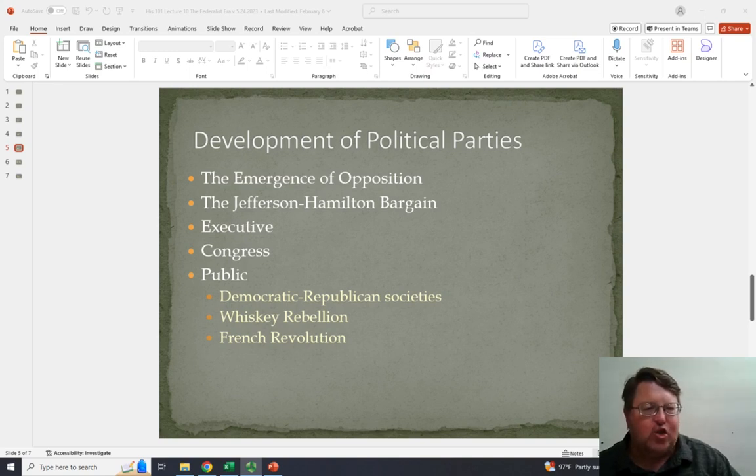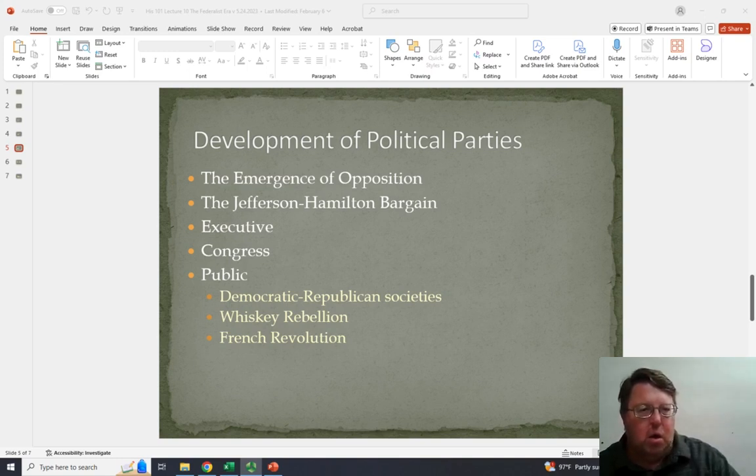The emergence of the opposition is this idea that for a lot of anti-federalists, people that didn't support ratification of the U.S. Constitution, Alexander Hamilton's policies and ideas were the exact reason you do not want to ratify the U.S. Constitution. And so you see opponents, not just in Congress, but in public too.